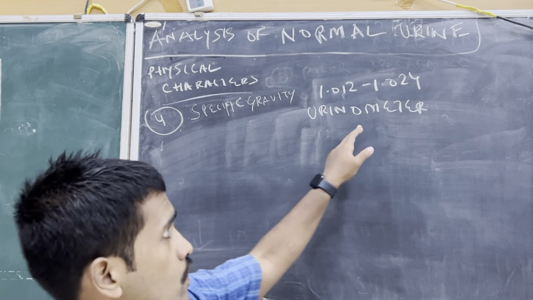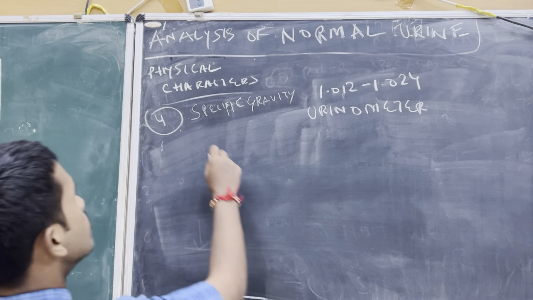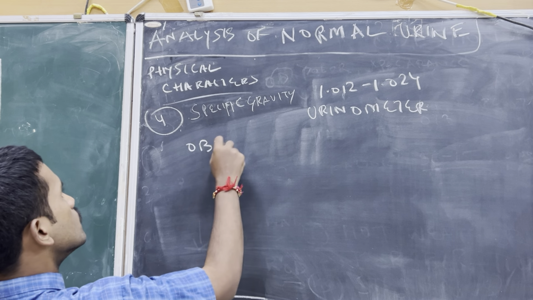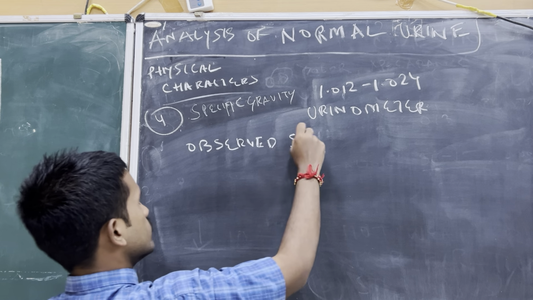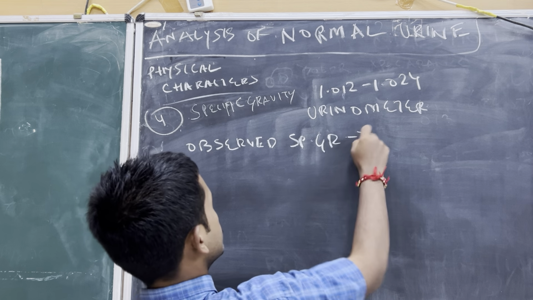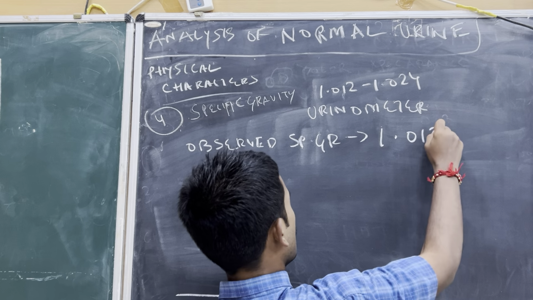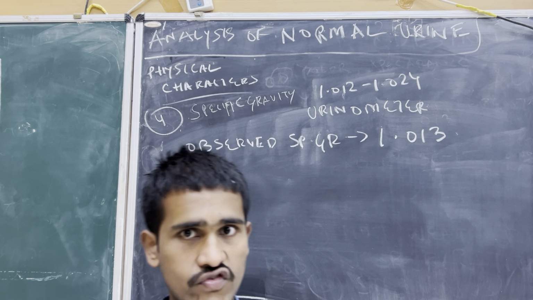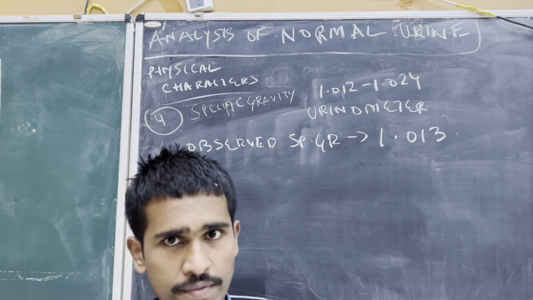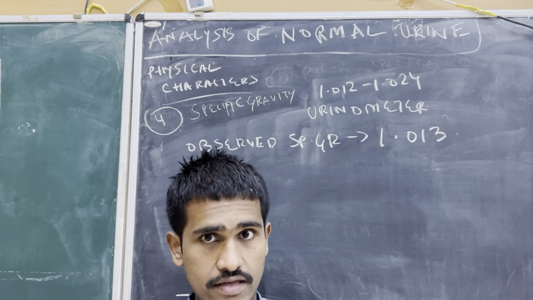The reading of the lower meniscus will be the observed specific gravity. Let's say your observed specific gravity is 1.013.